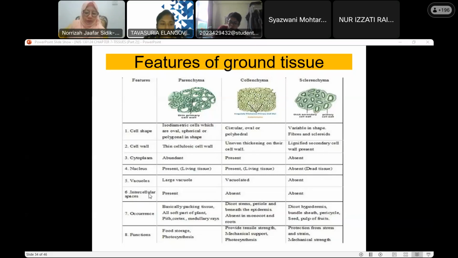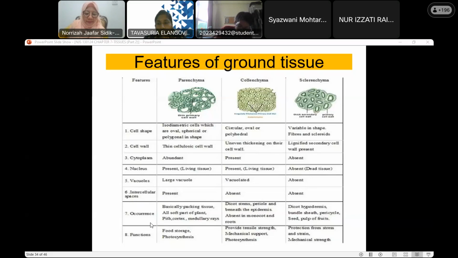They are dead tissues. Vacuoles are large in parenchyma and collenchyma, which are vacuolated, with no vacuoles in the sclerenchyma. Intercellular spaces can only be found in the parenchyma, whereas none in the collenchyma and sclerenchyma.